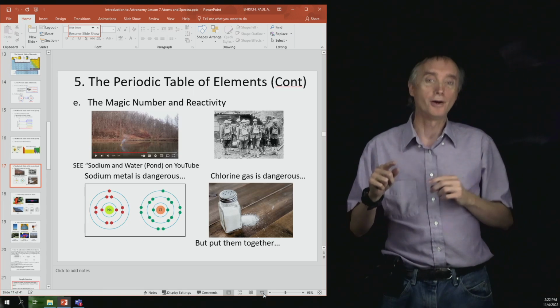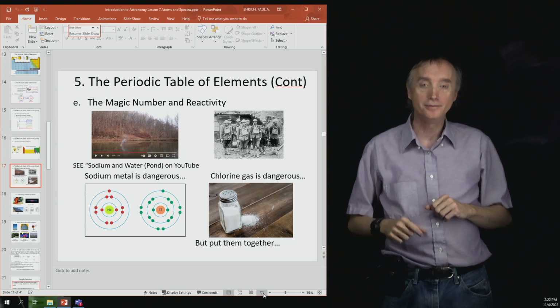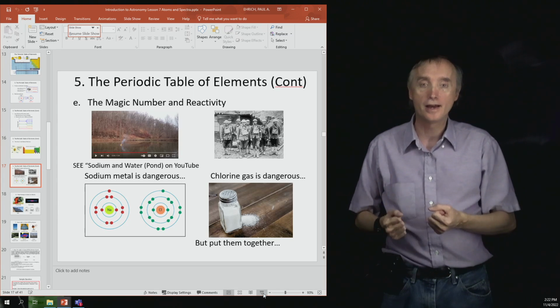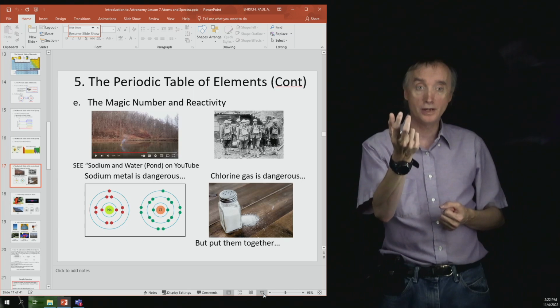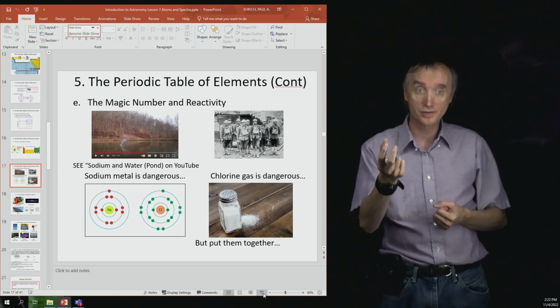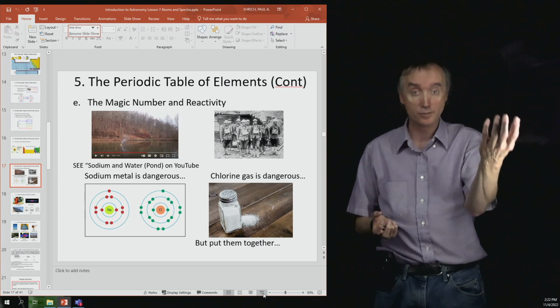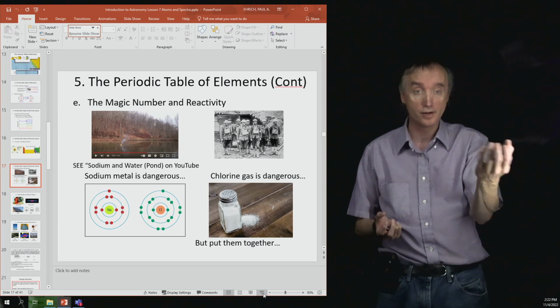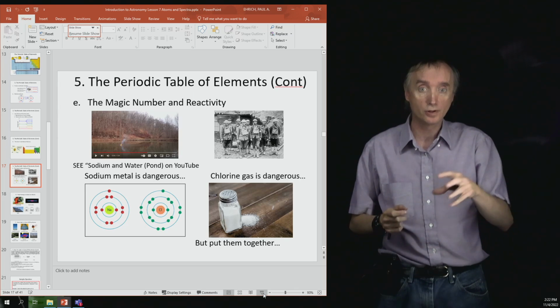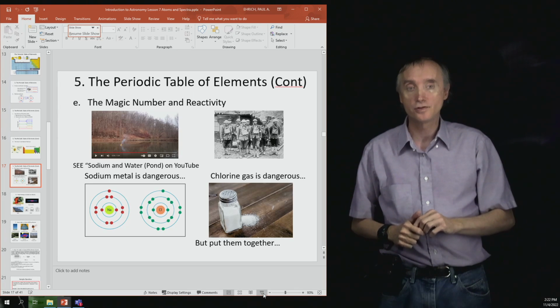But anyway, the chlorine is going to say, give me that electron. And so now sodium becomes ionized, so it's going to be positive. Chlorine is ionized, so it's going to be negative, and we know opposites attract. So we're going to make sodium chloride, which is the stuff that you put on your French fries.